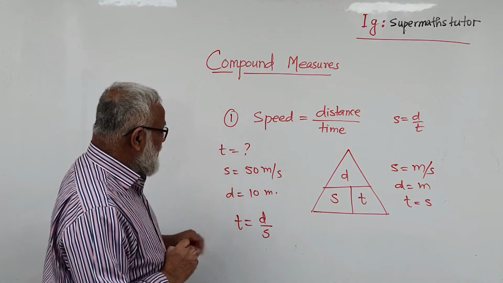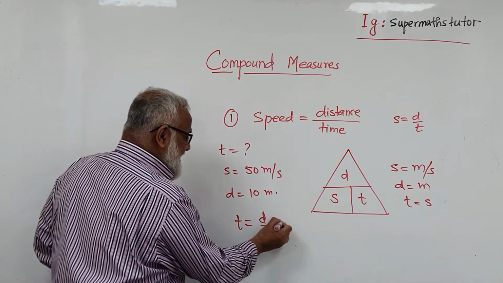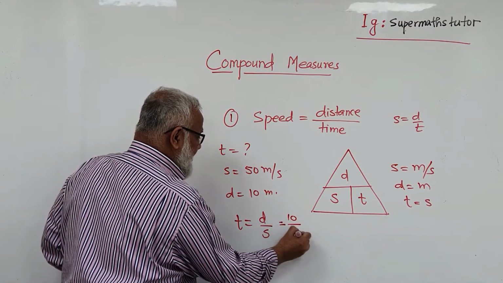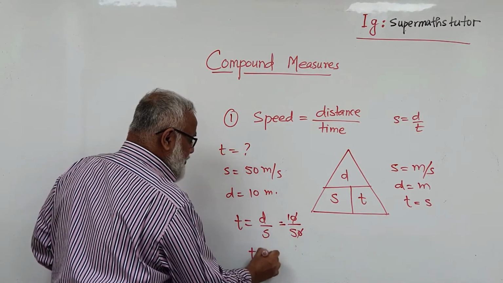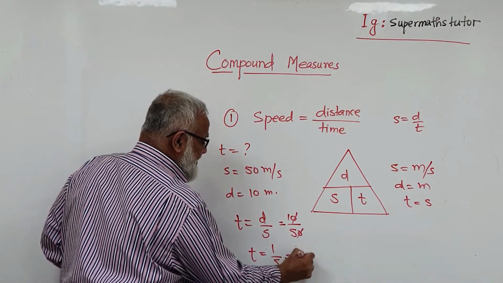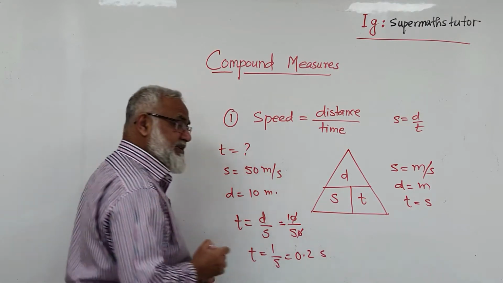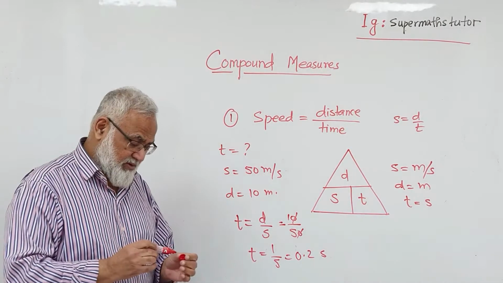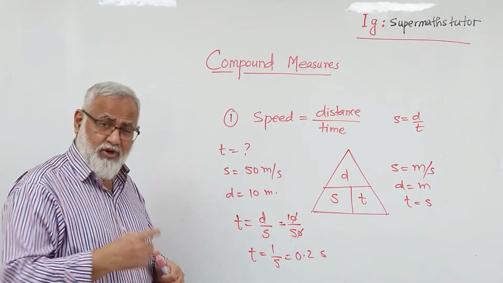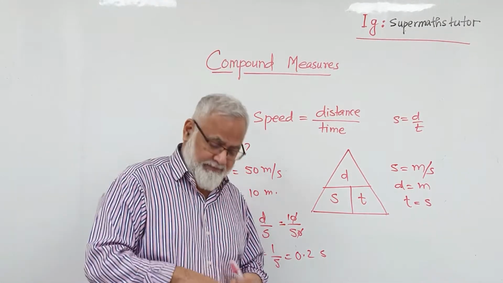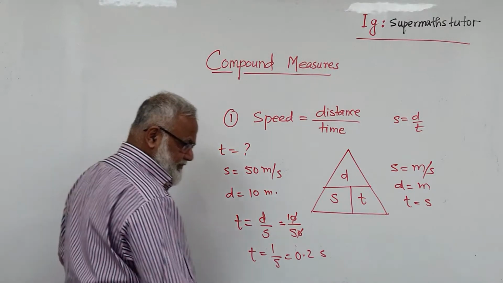So what will you do? You replace distance by 10, speed by 50, knock out the 0. Either you say 1/5 second or you can say 0.2 second. That is the answer. Simple. You don't need a calculator, but if you want to use a calculator, you go ahead. Next question.